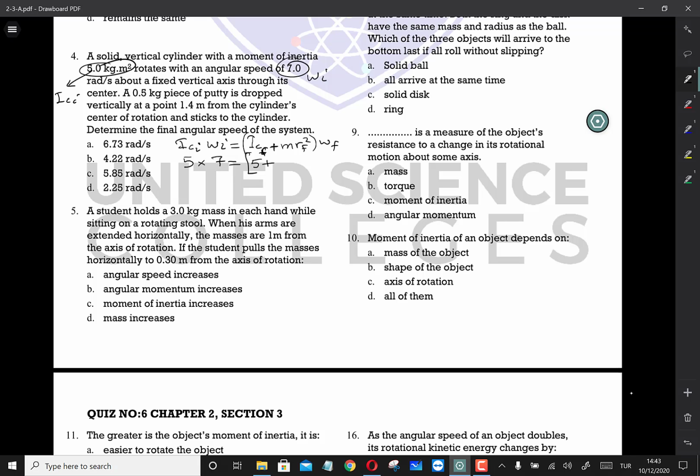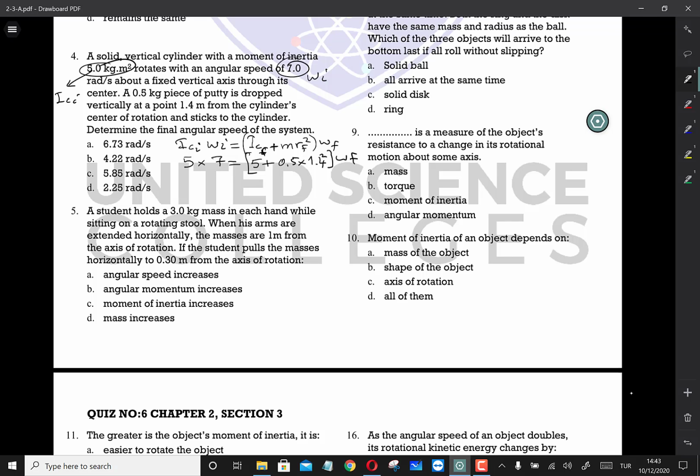Putty has its own moment of inertia, which is calculated by the mass of the putty, 0.5, times the radius of the circular path followed by the putty, 1.4, squared, multiplied by omega final.